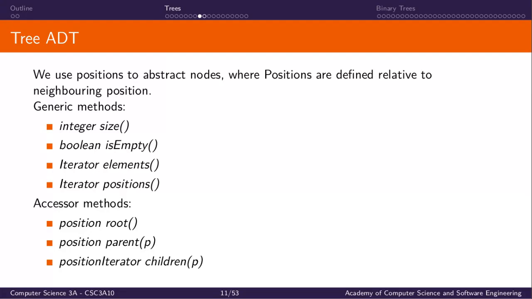So if I have a reference to the root, then that means that I can call children on root, which gives me references to all the children of the root. And then I can call children on each of those children, and children on each of those children. Each of those gives me a position iterator, so I can use a for each loop to call visit on each of those children.